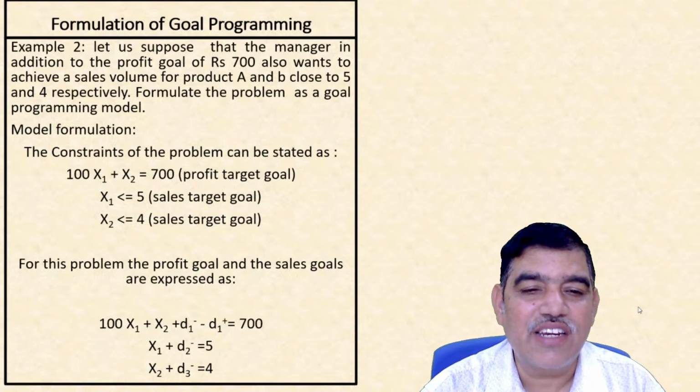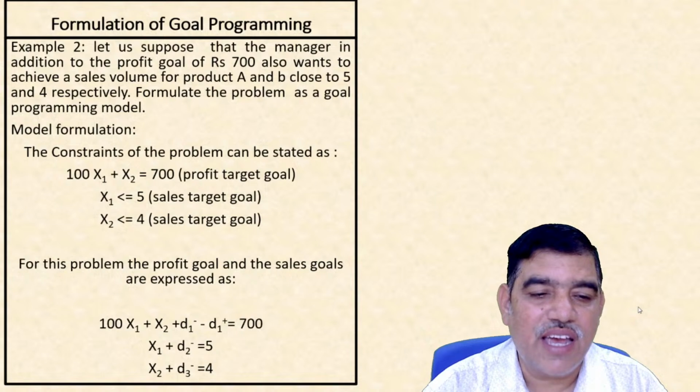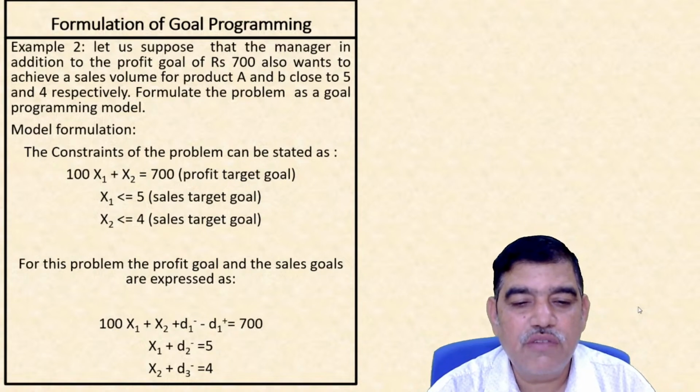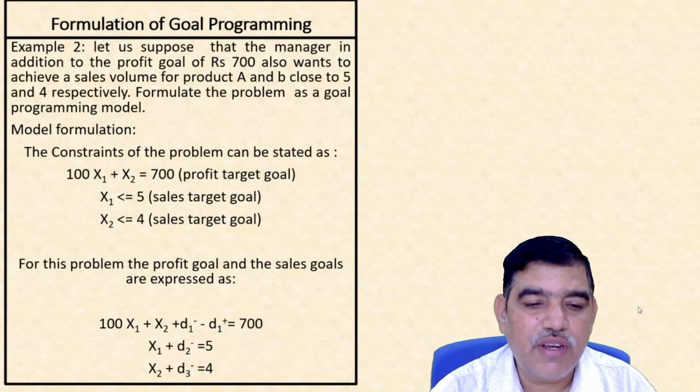That is the sales target goal. For this problem, the profit goal and the sales goal are expressed as 100x1 plus x2 plus d1 negative minus d1 positive equal to 700, just like in example 1.